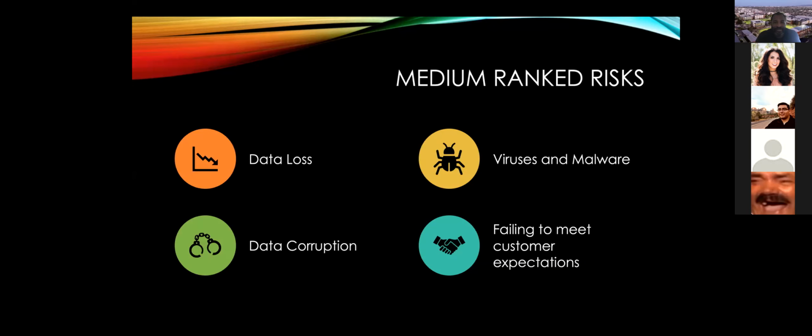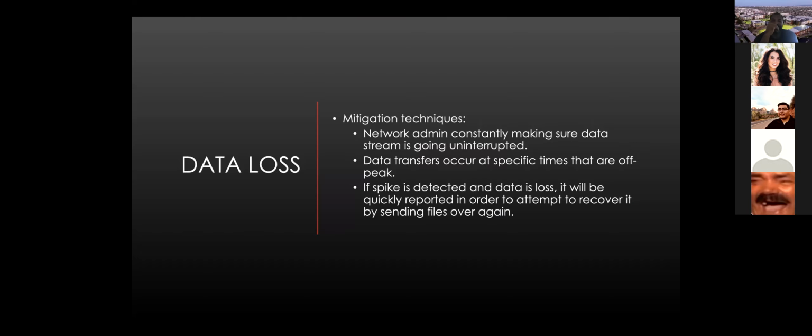exactly what. So the medium risks would be data loss, data corruption, viruses and malware, and then failing to meet customers' expectations. And how we'll approach this for data loss, we'll have mitigation techniques.